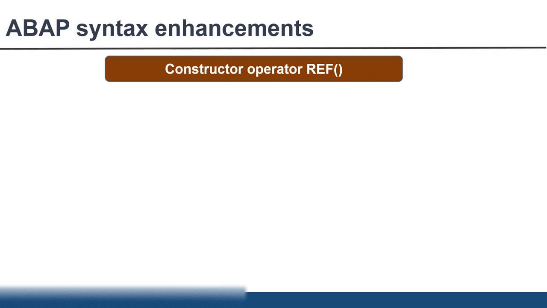Constructor operator REF. A constructor expression with a reference operator REF creates either a data reference variable that points to the argument or controls a table expression. Two variations are there.